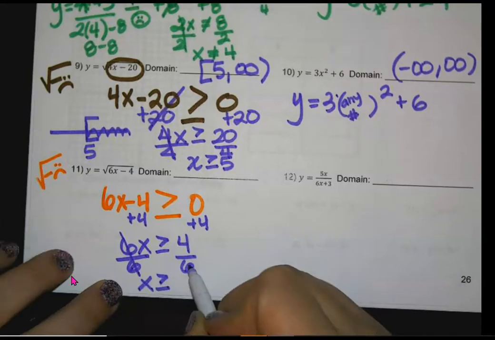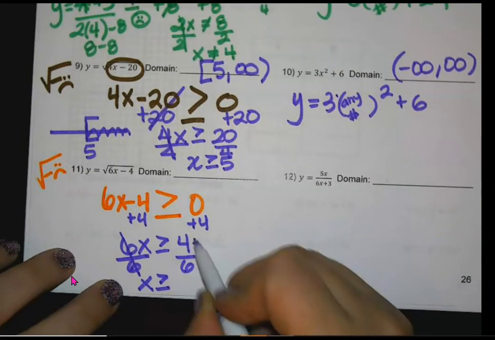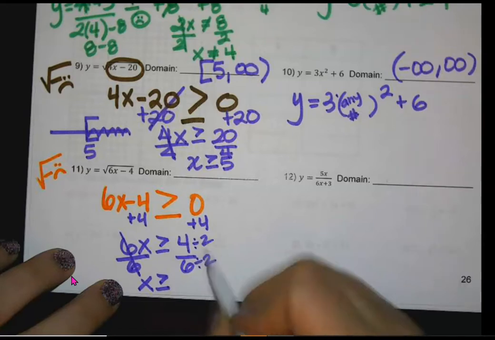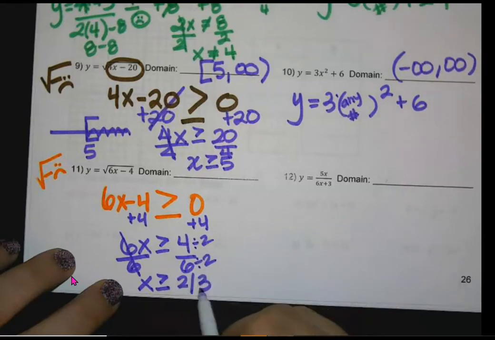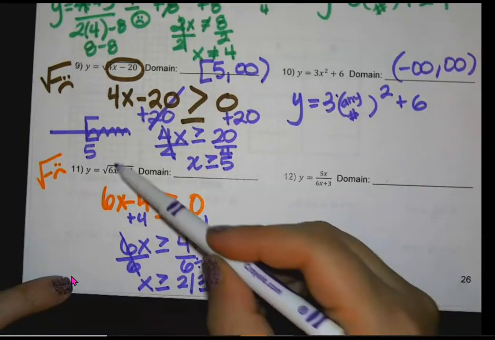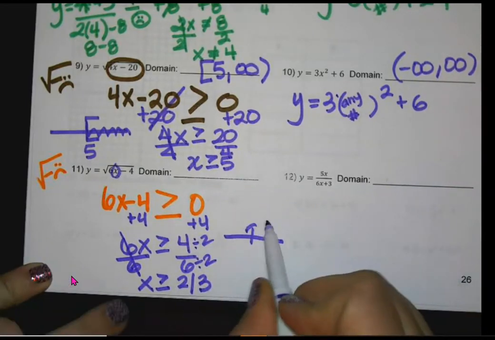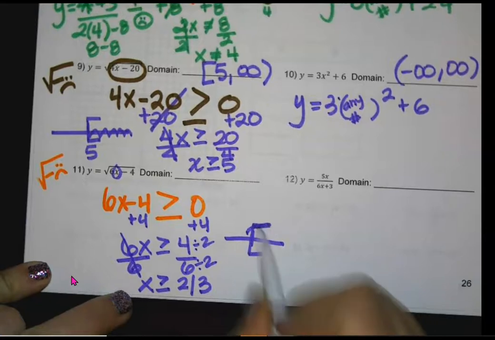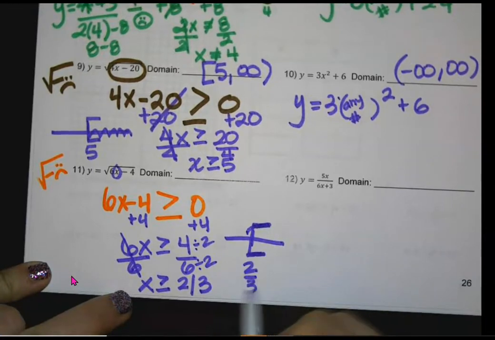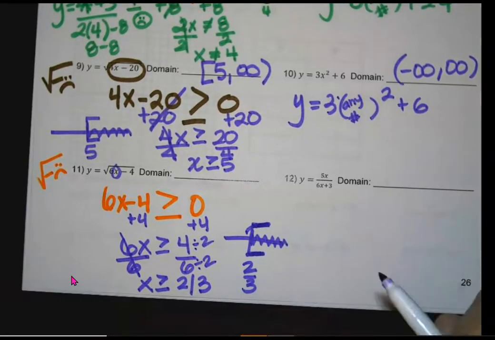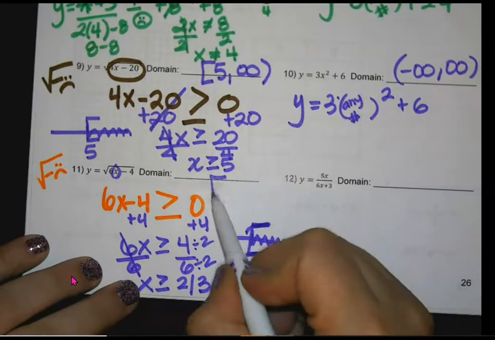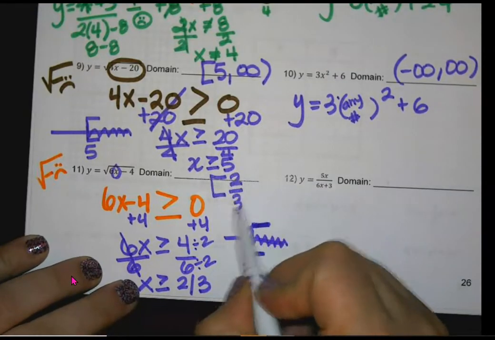And 6 can't go evenly into 4, so we'll just simplify it to 2/3. So the number that goes in here for x has to be a number that is greater than or equal to 2/3. So our final answer would look like this.